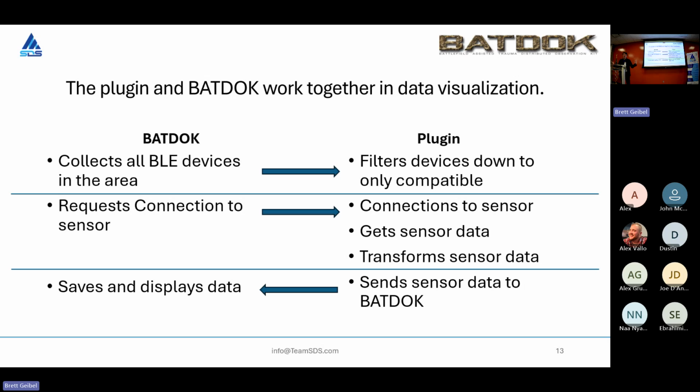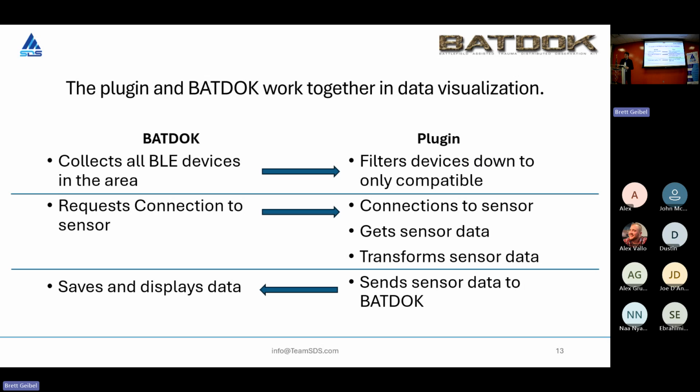It will pass them to the plugin, and the plugin will do some logic and checking and say, okay, these are the devices that I'm actually compatible with, and that information is passed back to BATDOK. Here, the BATDOK user would then see a list of devices.